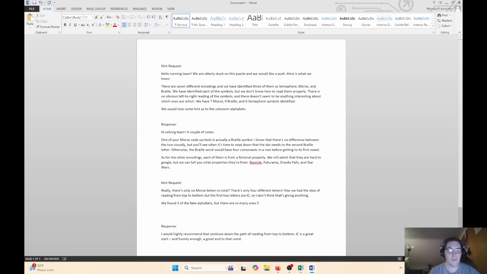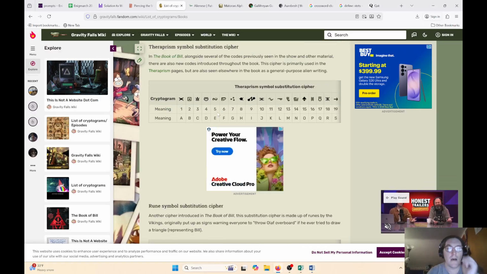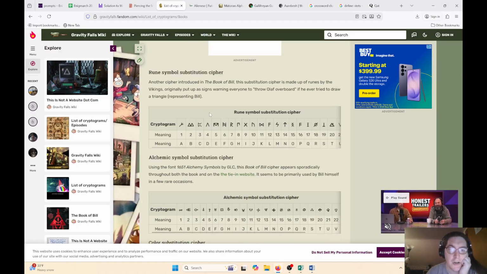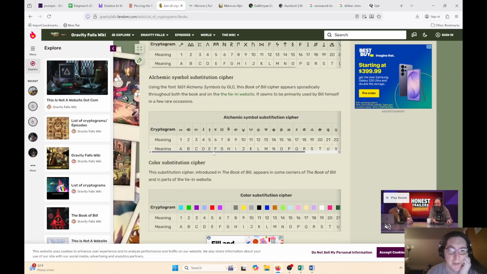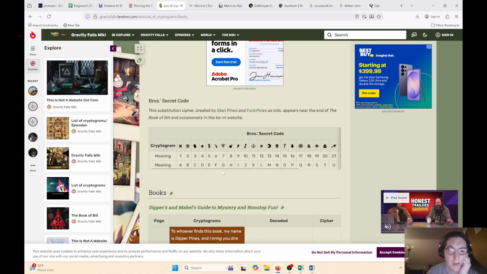There are so many ones from Gravity Falls. Do you use a mix of them or something? Let's just run through the rest of these symbols to make sure that there is none.